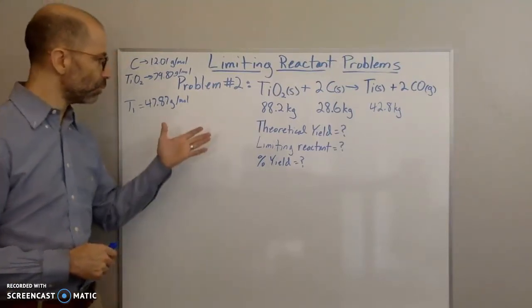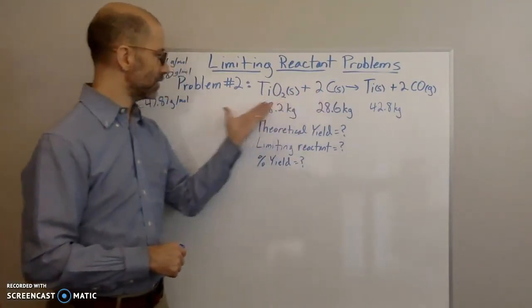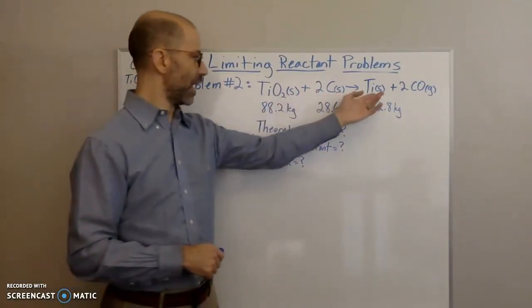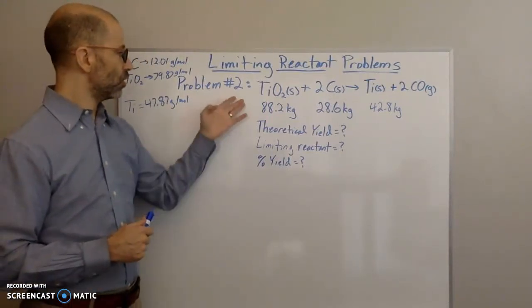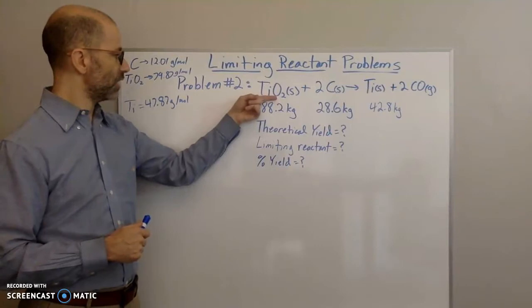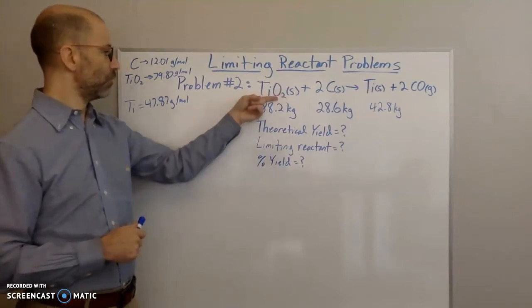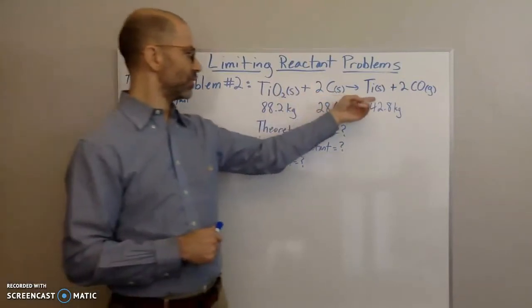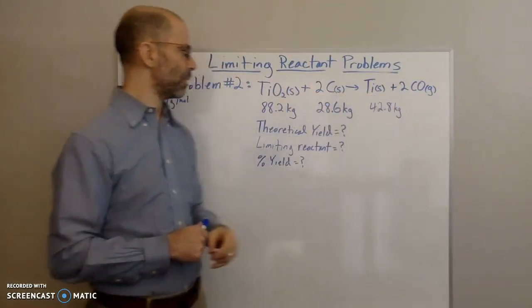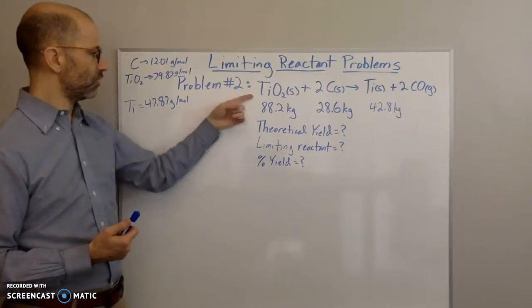In this problem, they give you the reaction to make solid titanium. You have titanium IV oxide reacting with solid carbon. It produces solid titanium and carbon monoxide, and this is the balanced equation.